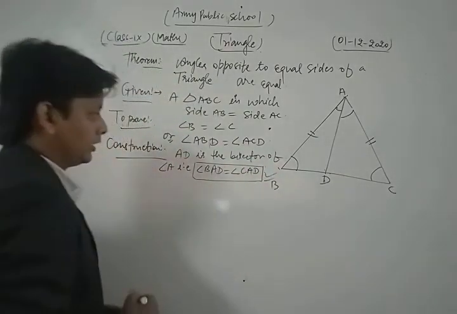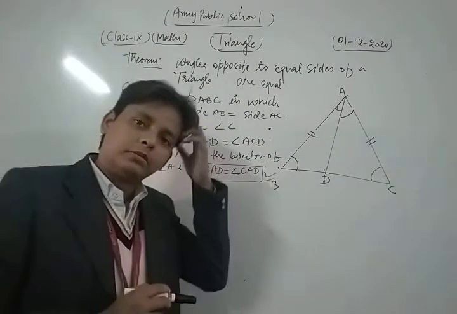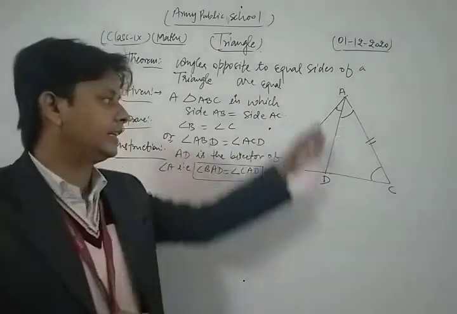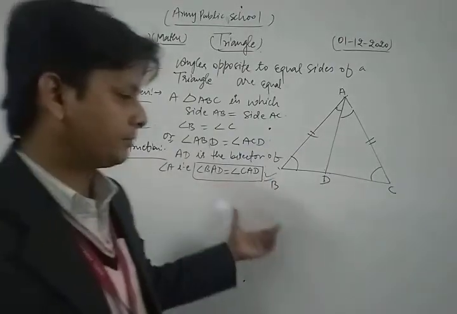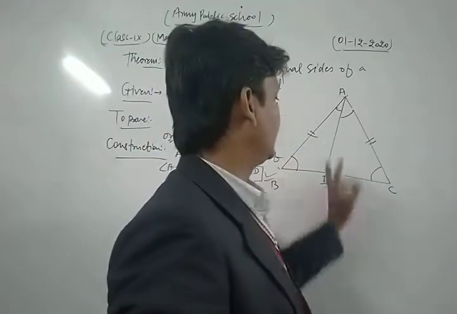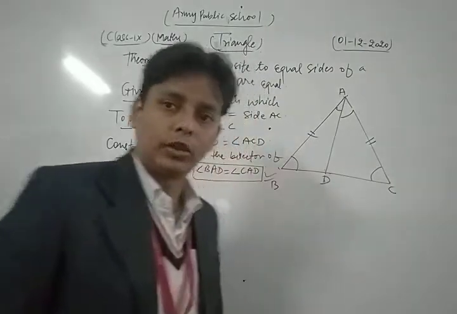This is a very important concept. We draw AD as a bisector, so by the concept of bisector, angle BAD is the same as angle CAD.